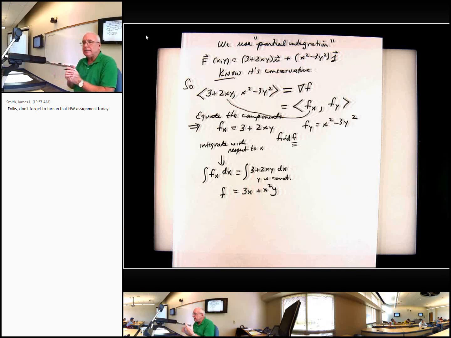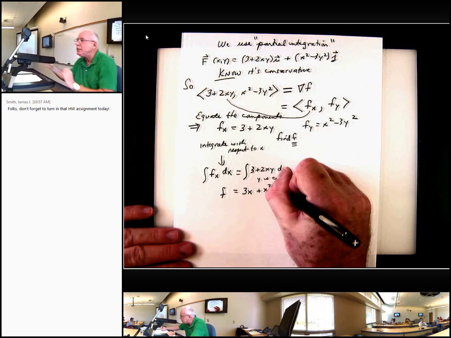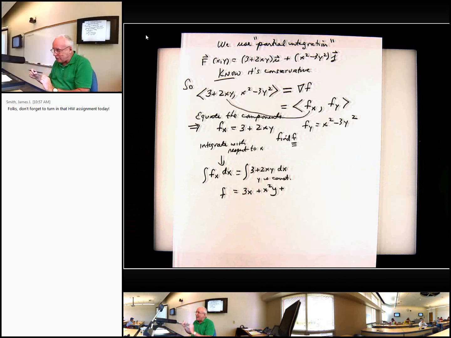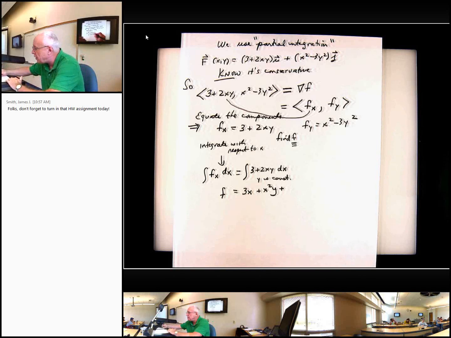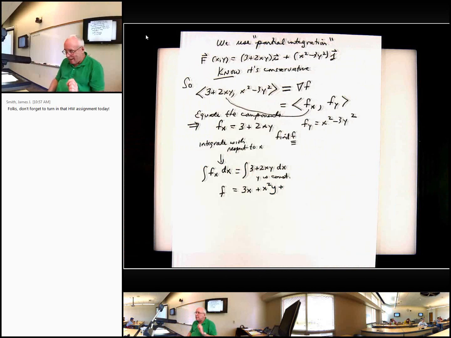However, since we're integrating with respect to x, it is possible that our little f function has another term which strictly has y's in it. All right? No x's at all. So what I'm going to put here is, instead of putting a general constant like you're used to doing with antiderivatives, I'm going to put a function of the variable that was treated like a constant.